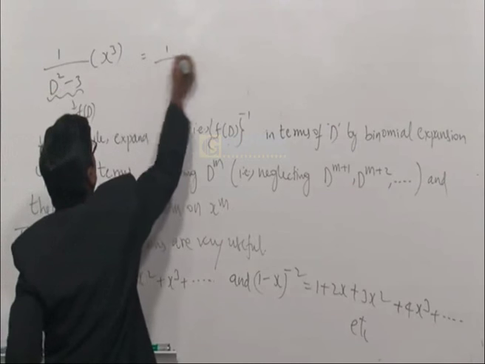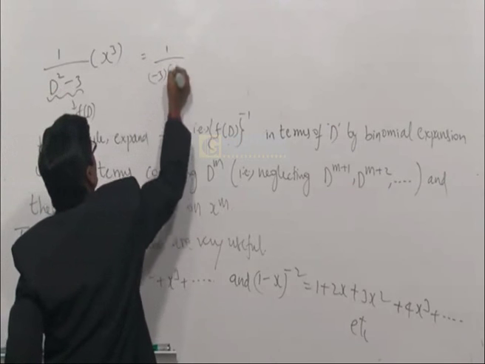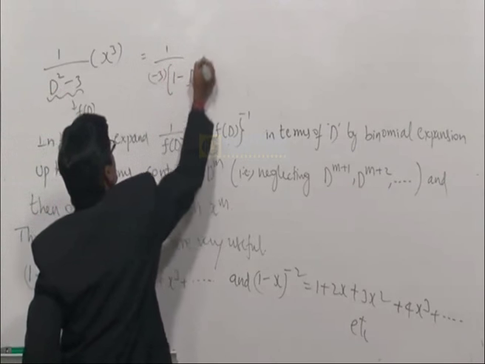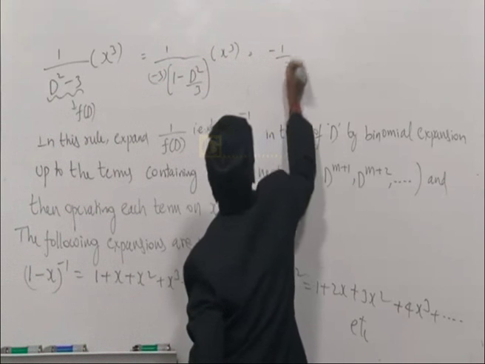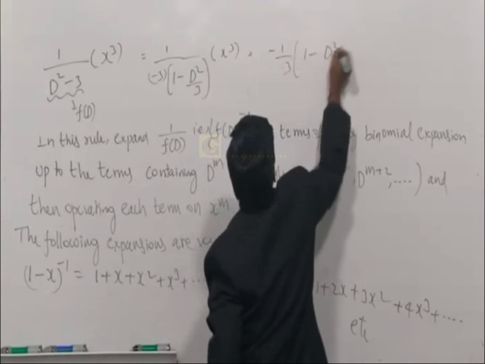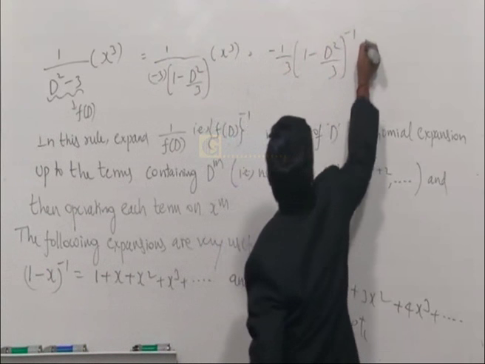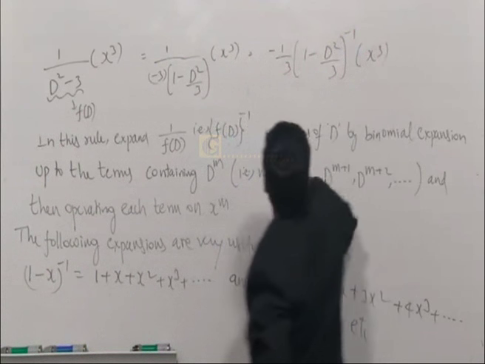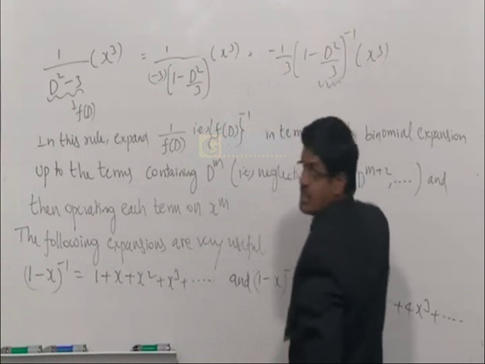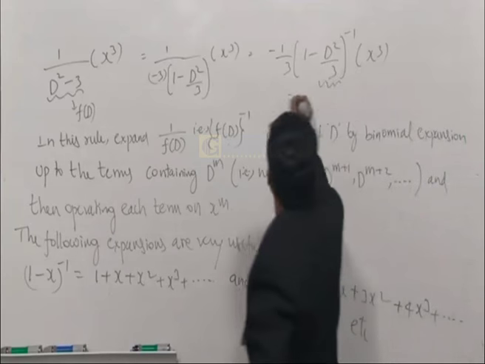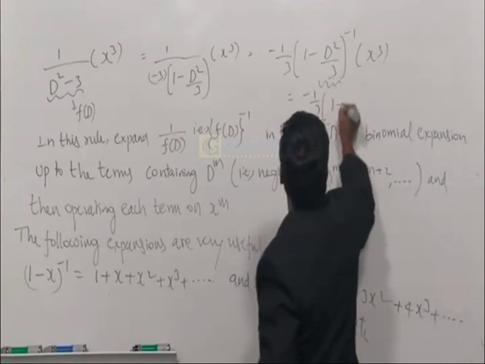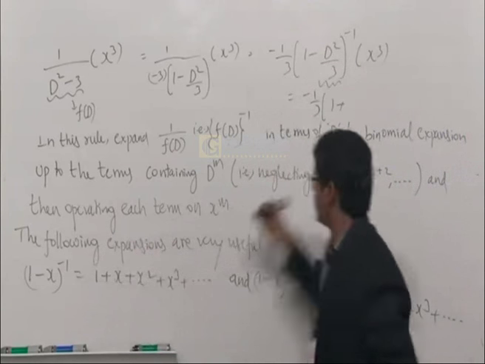So this is 1 over minus 3 into 1 minus d square by 3, into x cube, and then minus 1 by 3 sent into the numerator: 1 minus d square by 3 whole power minus 1 into x cube. Okay, so underline this term. It is in the form of 1 minus x whole power minus 1. What is the expansion? Minus 1 by 3, 1 plus, instead of x we have d square by 3.